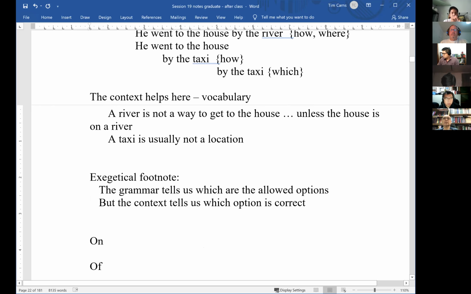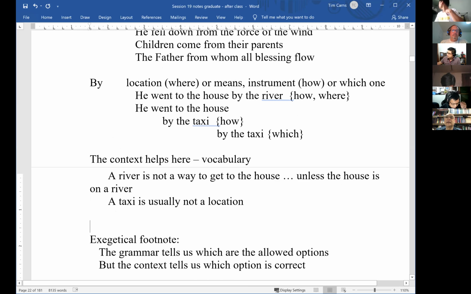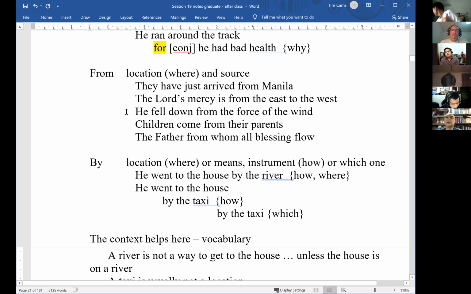Any questions on that or comments? Tim, yeah. The preposition from, could we also add that it answers when or time?